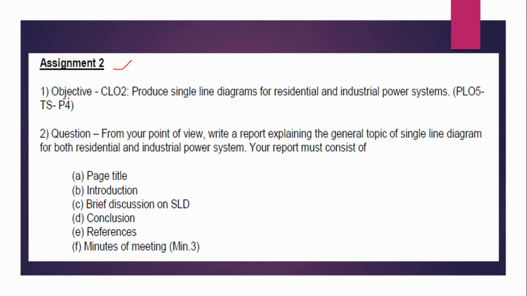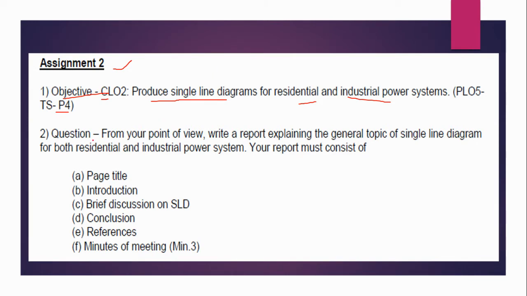So this is the objective, course learning outcome number 2: you are able to produce single line diagrams for residential and industrial power system. This is stated in the PL5 framework, skill level P4.